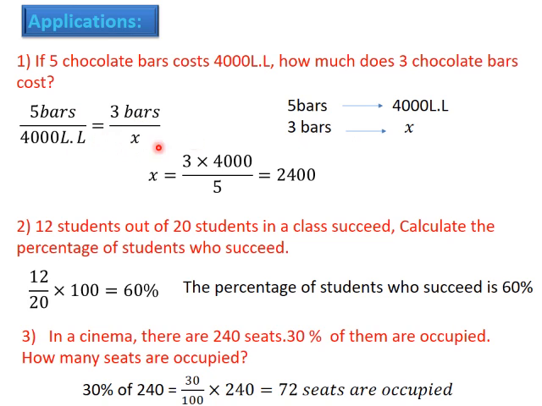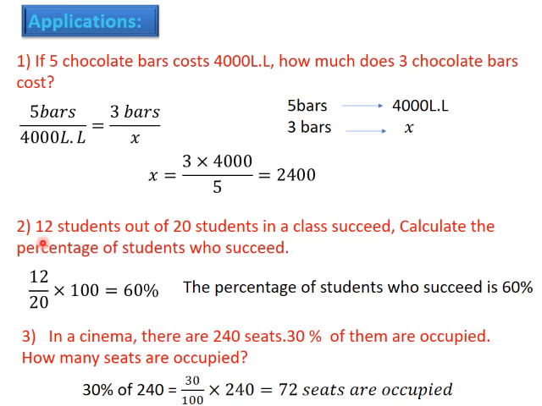As for the triplet rule, we write 5 bars cost 4,000 Lebanese lire. What is the cost of 3 bars? In both cases, we will calculate x in the same way by cross multiplying. So x is equal to 3 times 4,000 over 5 equals 2,400 Lebanese lire.